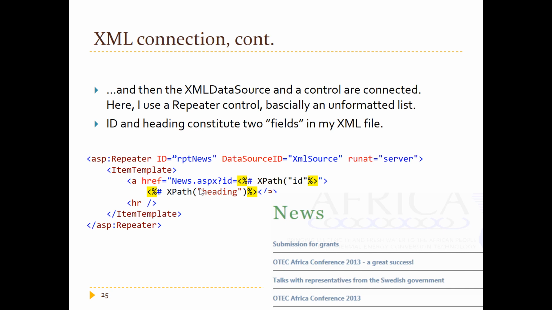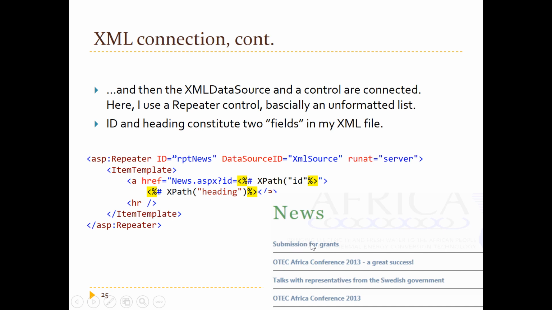Here I use something called a repeater control, which is basically an unformatted list of data. So as you see here, I have some HTML code, an A element, and then a horizontal ruler here.